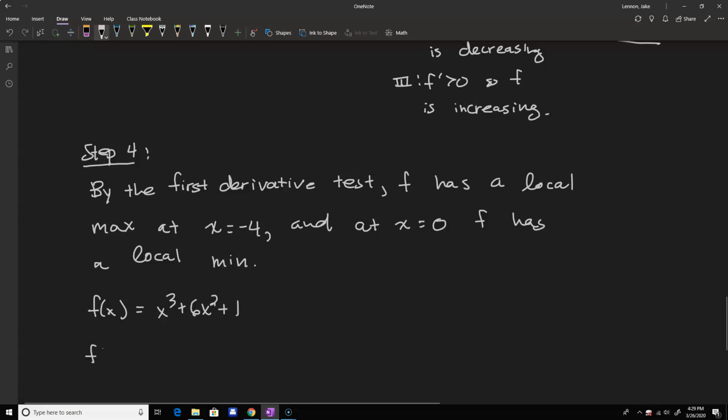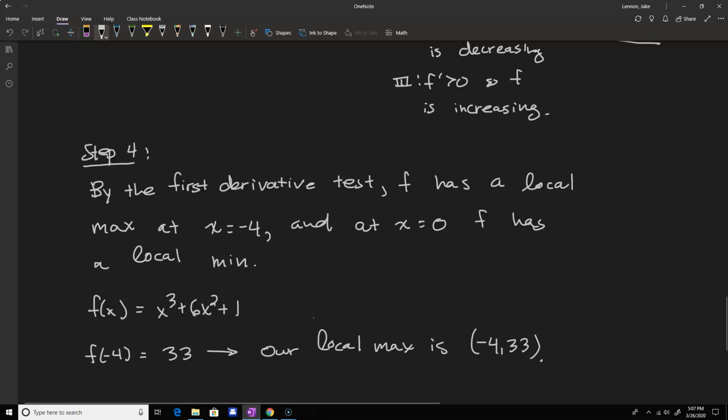So if we do f of -4 and plug that into the calculator, we would do -4 to the third power plus 6 times -4 squared plus 1. This comes out to 33, so that tells us our local max has coordinates -4, 33.